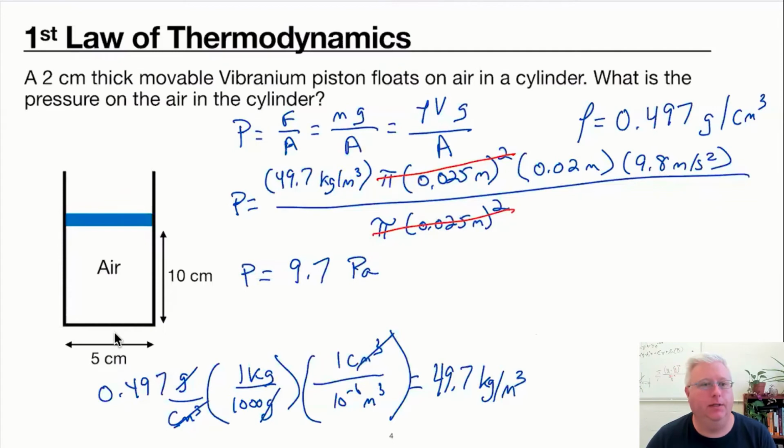The vibranium is very light. If we were to use a more typical metal, we'd probably see a much larger pressure being exerted. So we found the pressure on the air due to the environment, which uses the piston to exert work on the air.